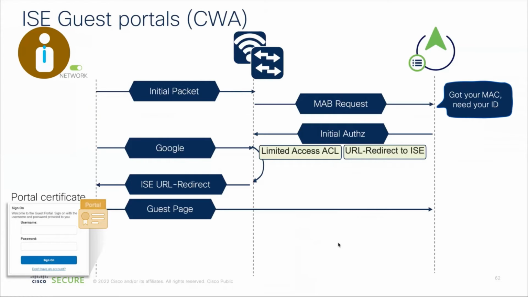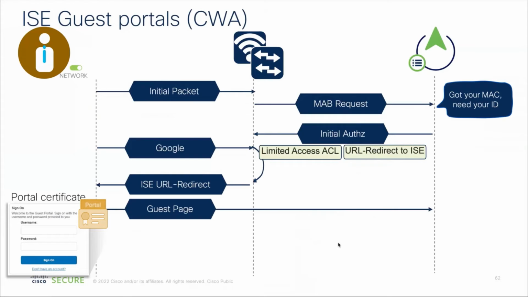Remember, if you are making use of a default self-signed certificate, because this use case is guest portal, usually, by default, none of your devices are going to trust the self-signed certificate. We don't want that kind of a user experience to happen.